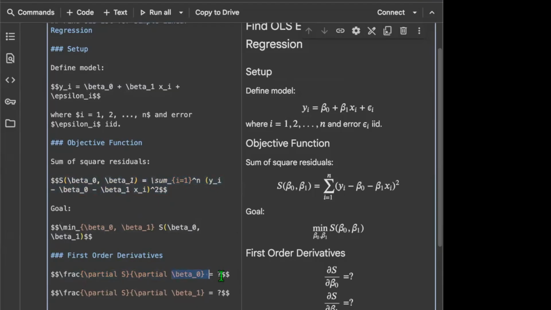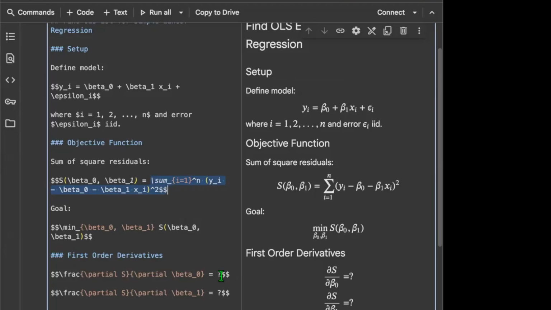So here is where calculus comes in. We take the derivative of this term on the right-hand side. A 2 comes out, so you have a 2 up front, and then inside of it you take the derivative with respect to beta 0.